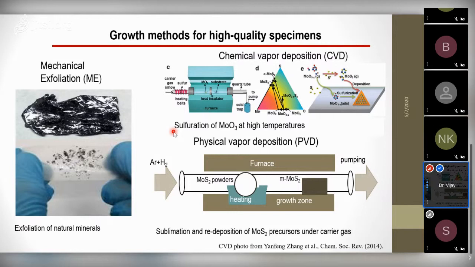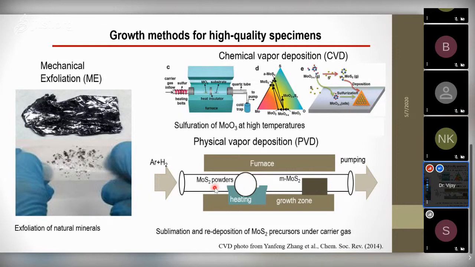And the second possibility of synthesis is chemical vapor deposition. Of course, we can use molybdenum trioxide for MoS2 synthesis or tungsten trioxide for WS2 synthesis. So when the molybdenum trioxide substrate is here, together with sulfurization, it becomes a single atomic layer of MoS2.